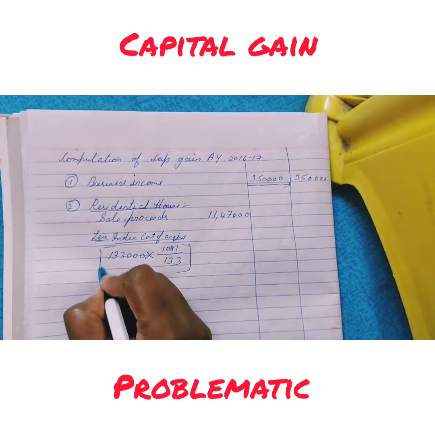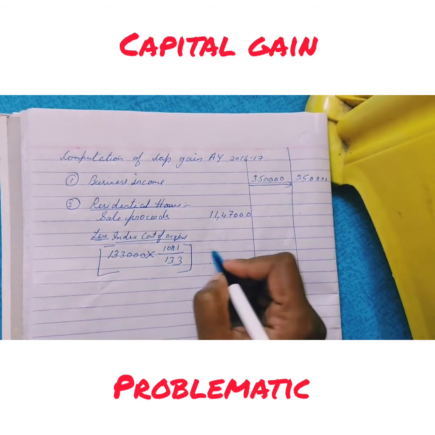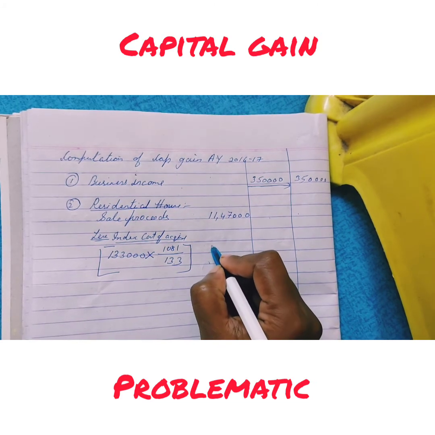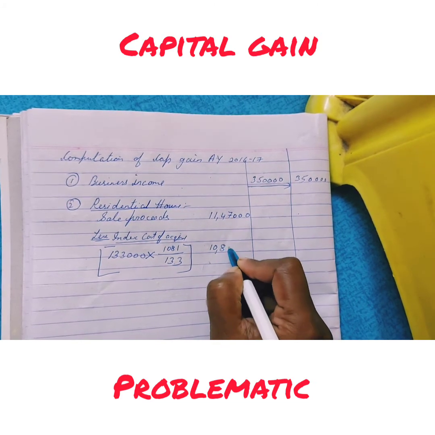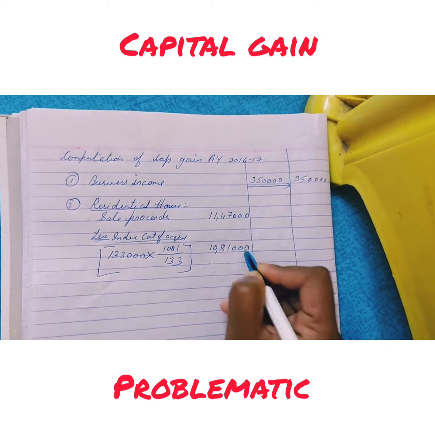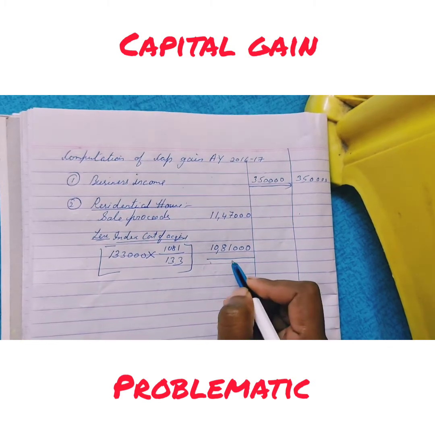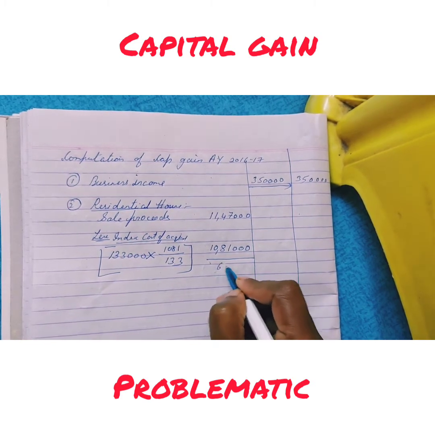Okay, so this is the calculation we have to do. After calculating, it comes around 10,81,000. Then after deducting it, we get 66,000.